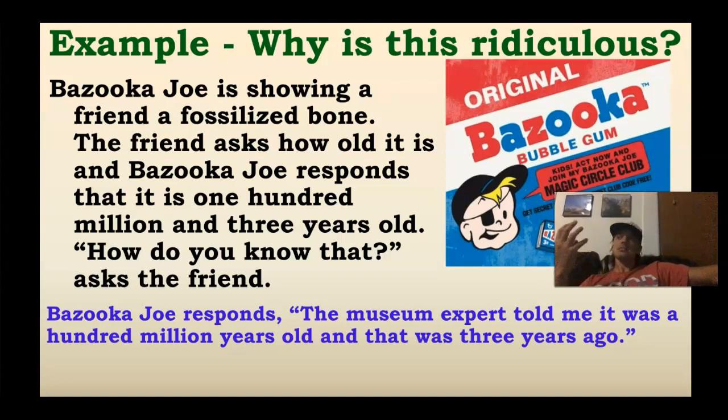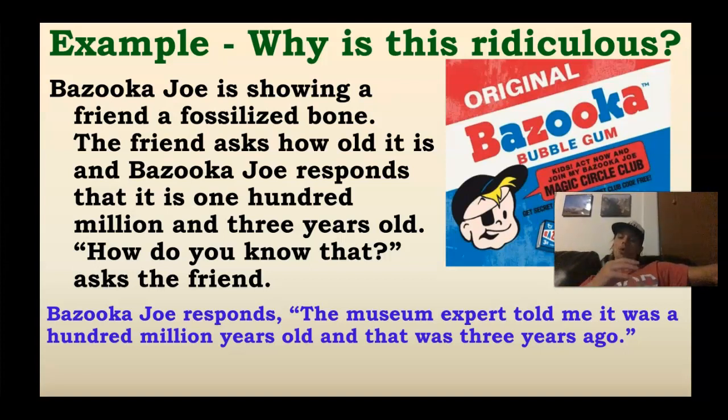Just like if I estimate from here to New Orleans, it's about 1,200 miles, okay, from my house. I can't step out my front door and now say it's 1,200 miles and 3 feet because I've moved back 3 feet, or north 3 feet. Why? Because that 1,200 miles is an estimate, just like this 100 million is an estimate.